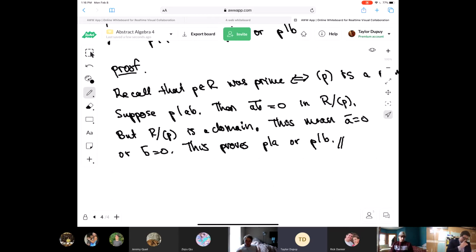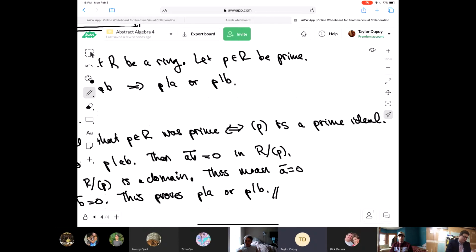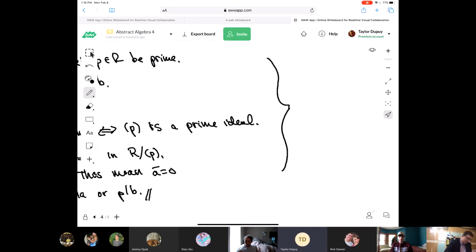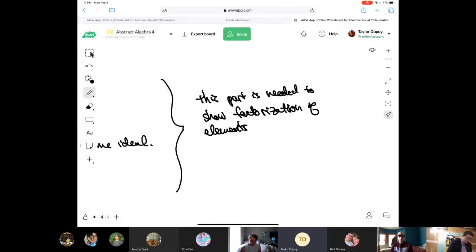Now I want to say a little bit about the factorization into irreducibles. This is something we need for the uniqueness, to show that factorizations of elements into prime elements is unique.